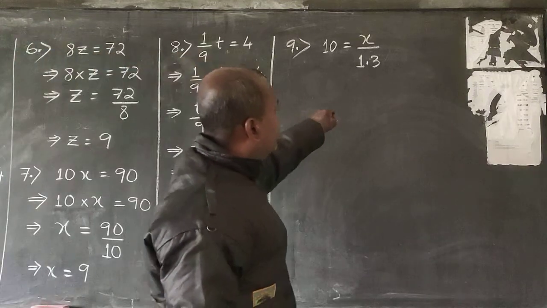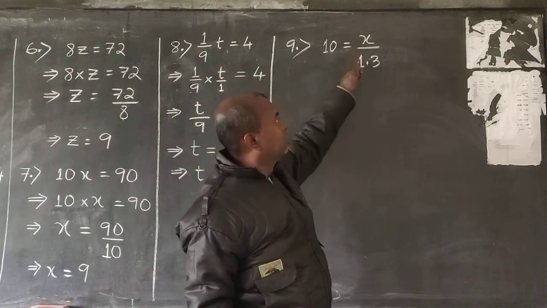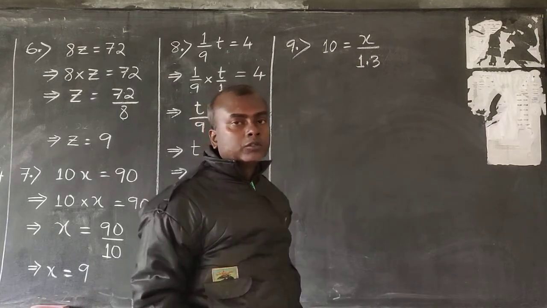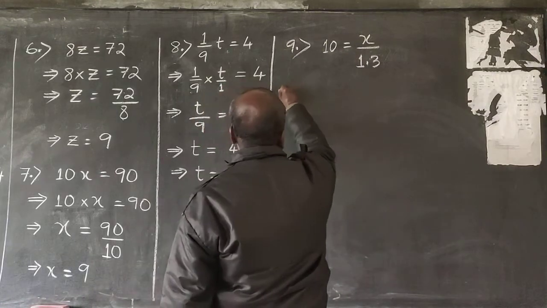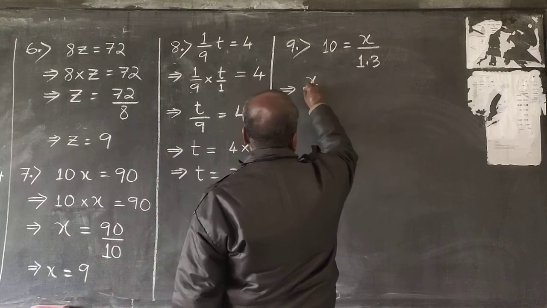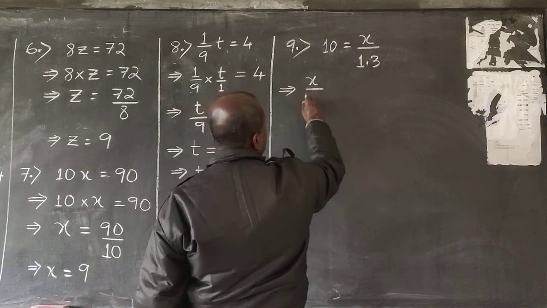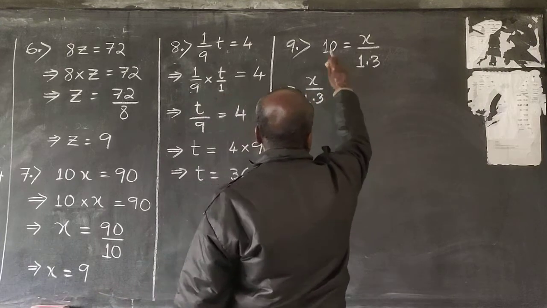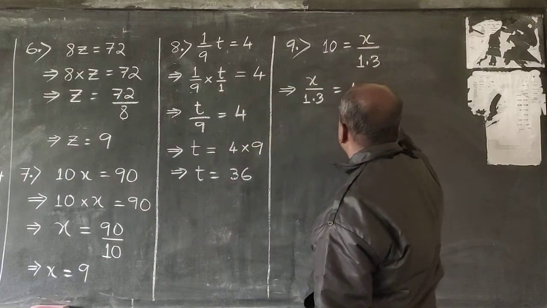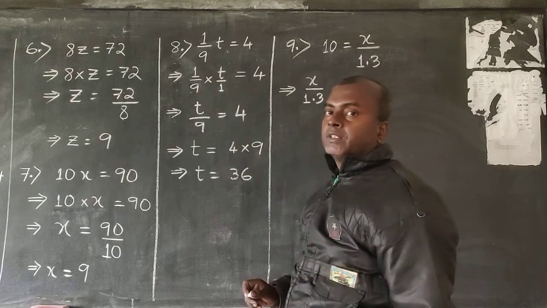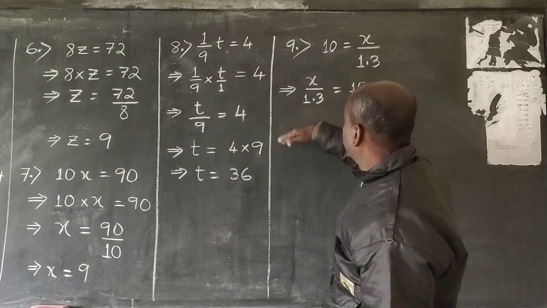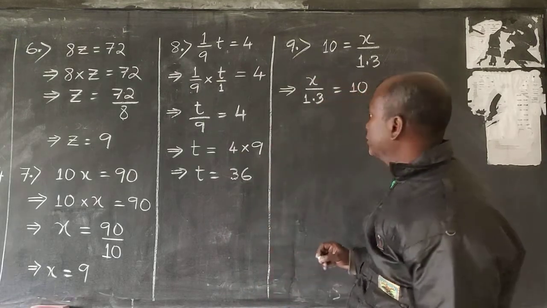Now in this question we see that the variable x side is on the right hand side of equals to. Doesn't matter, we can always change the side. From right hand side we can bring the whole thing towards the left hand side, and this 10 can be written on the right hand side. Change of place. It doesn't change anything. We only have interchanged the positions.